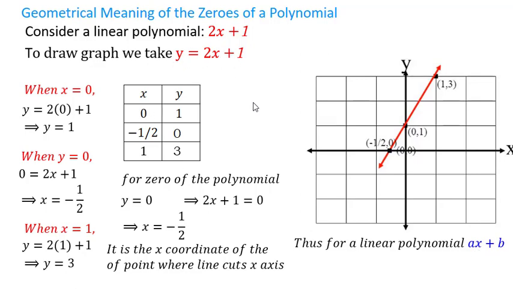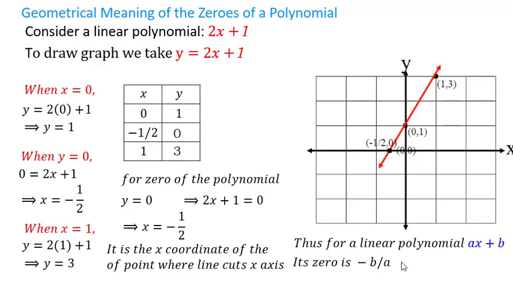If I want to check the relation between this zero and these coefficients for a linear polynomial ax plus b, here y is equal to 2x plus 1, and I find that x is equal to minus 1 by 2. Here 1 is the constant term and 2 is the coefficient of x. So it is minus the constant term divided by the coefficient of x. So for a linear polynomial ax plus b, the zero is minus b by a.